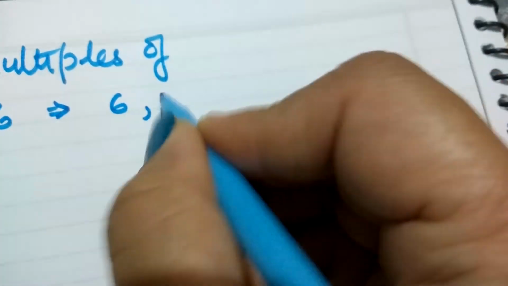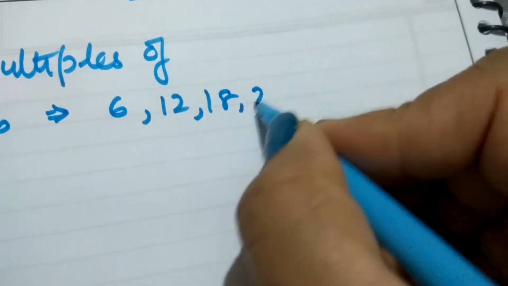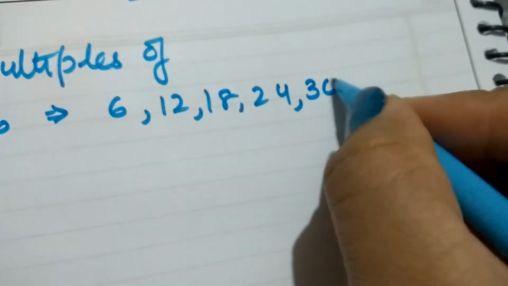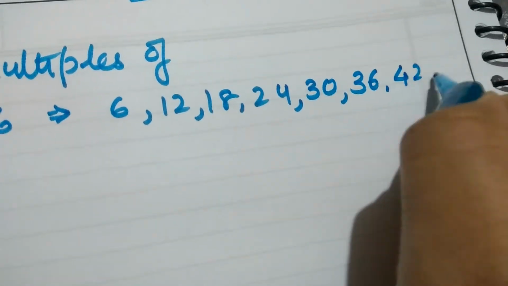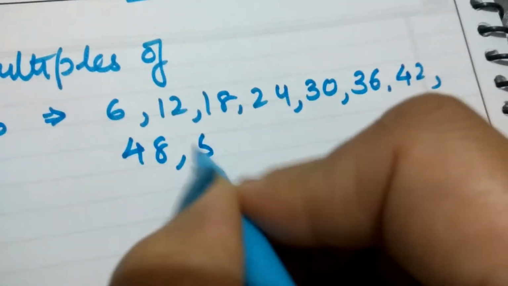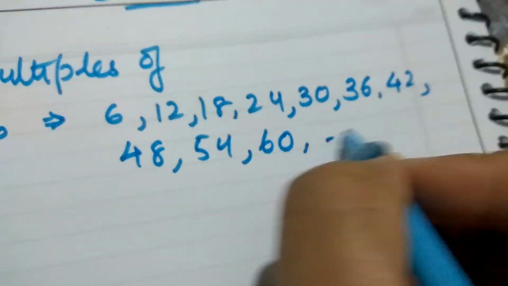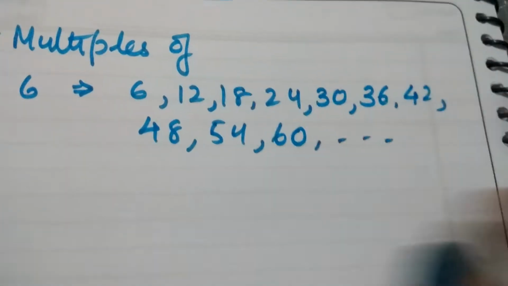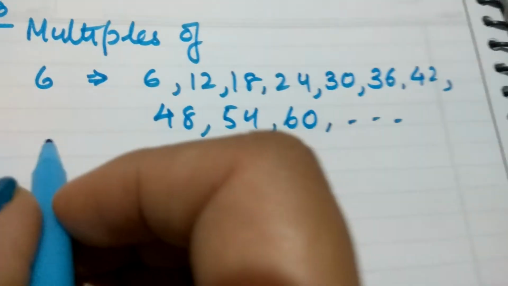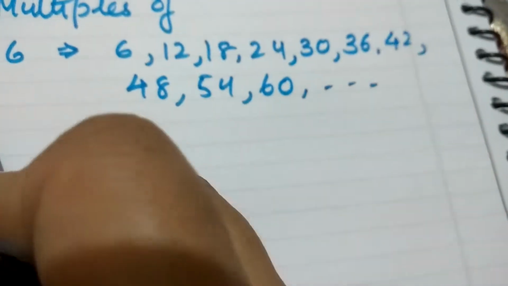The next question is, we have to find the first three common multiples of 6 and 8. So multiples of 6 will be, and so on. Multiples will go on. I have just written the table of 6 and that is enough. That is the way of writing multiples.